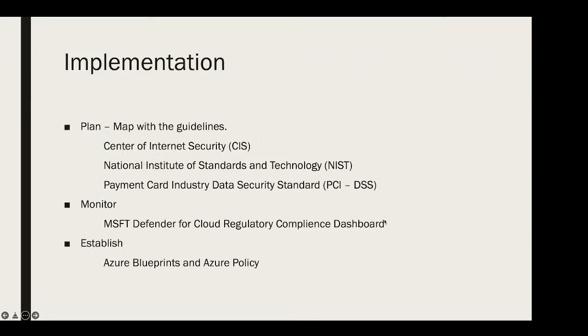You will have to explicitly get it, but Azure allows you to understand what you need to do in order to be compliant with these organization standards. And then you can monitor this with the Microsoft Defender for Cloud Regulatory Compliance Dashboard, and then you can establish these practices in Azure Blueprints and Azure Policies.